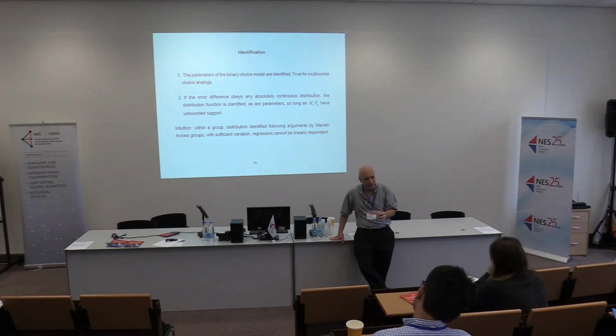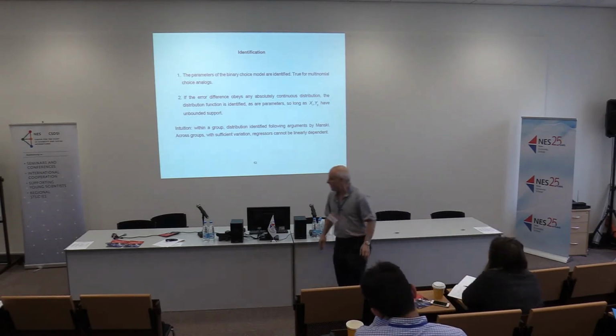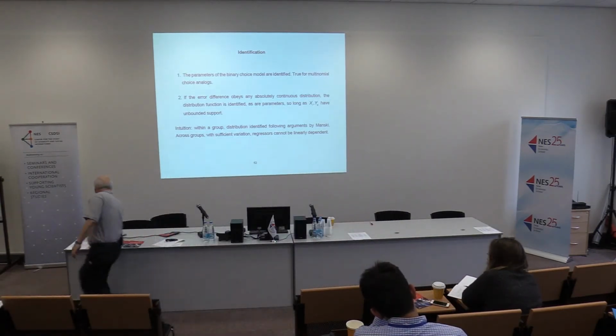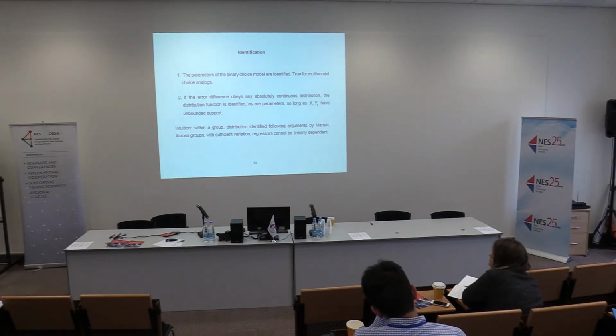The reason for that is the following. The expected value of the choice. If I look at the choice in the neighborhood, the expected value of a choice in the neighborhood is simply the average of the individual expected values.